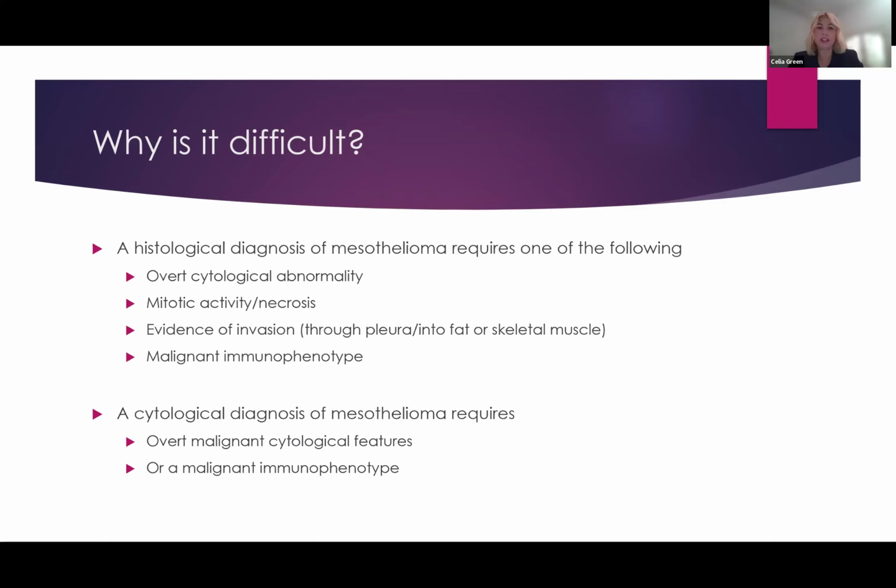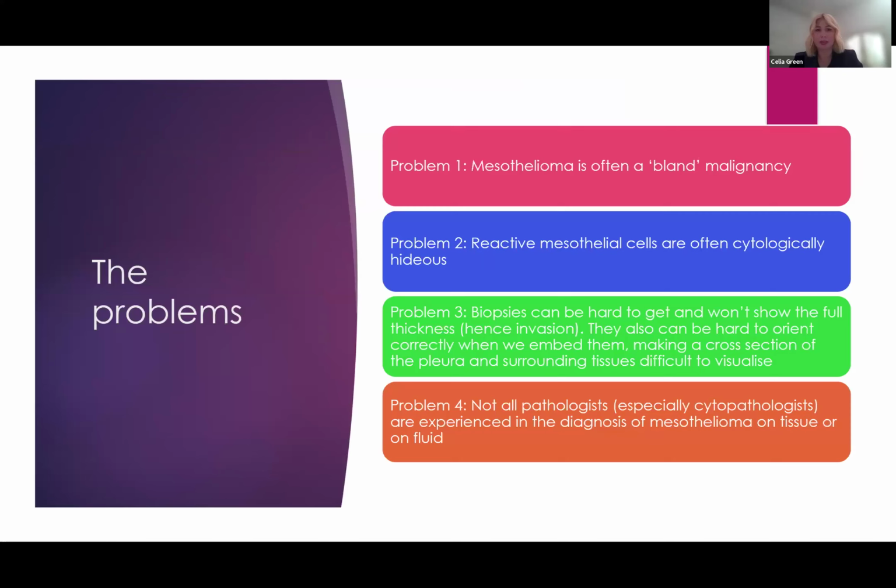You don't necessarily need it to be into the fat or skeletal muscle on its own. Into the pleura itself will be enough. Or you can have a malignant immunophenotype, but you do need one of those categories. And if you're doing it on cytology, you either need, again, the malignant features or a malignant immunophenotype. And the advent of the new immunophenotypes that tell us about malignancy are really important in this space.